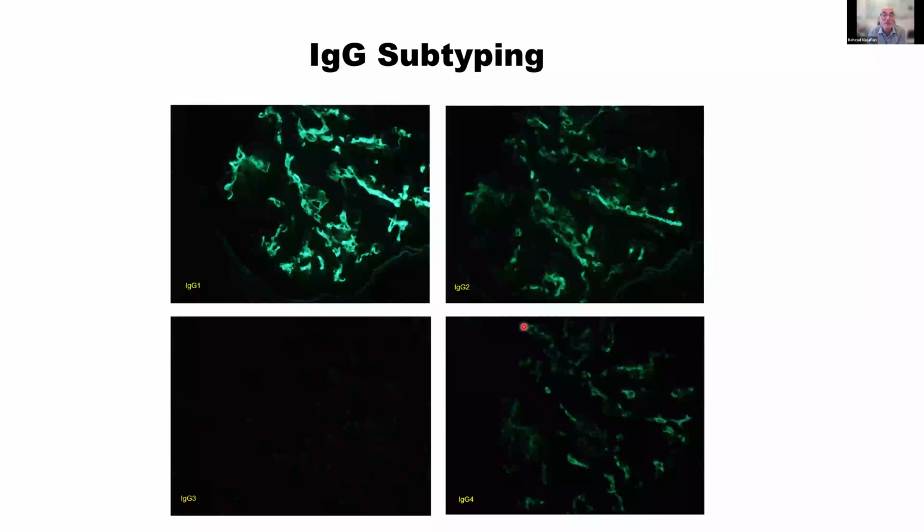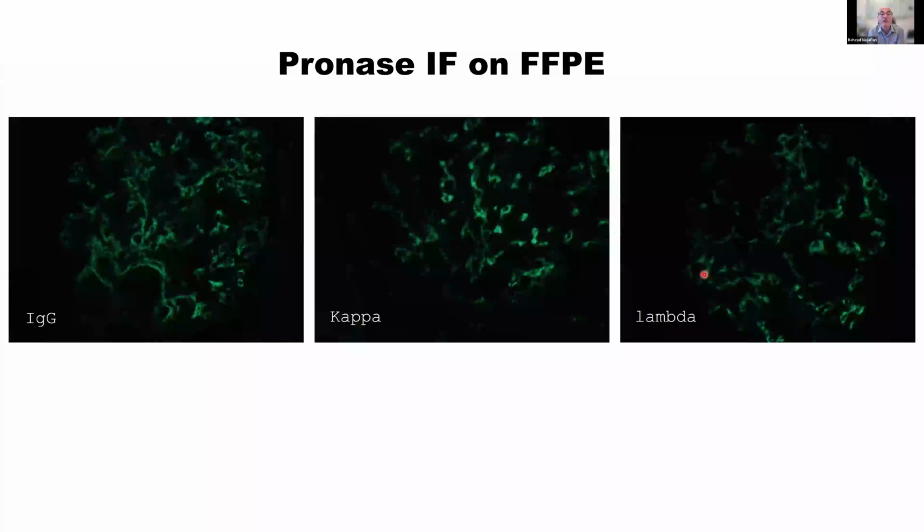As you see here, for IgG subtyping, IgG1 is the strongest, but the deposits are also staining for IgG2 and IgG4. And therefore, IgG subtyping does not confirm that the deposits were monotypic. What about pronase digestion immunofluorescence microscopy?